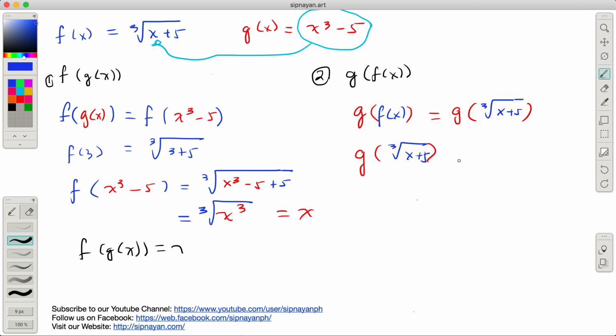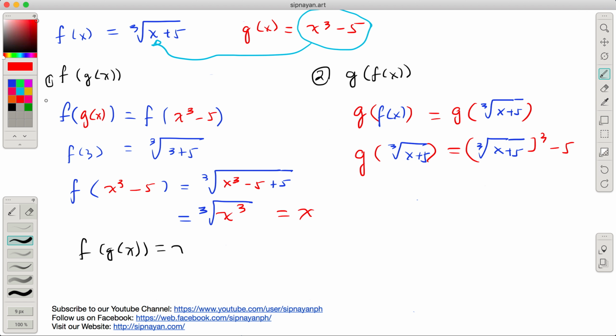So, this becomes equal to yung x, magiging cube root of x plus 5. So, cube root of x plus 5, pero may cube tayo sa labas, and then meron tayong minus 5. This is our cubed, and then we have a minus 5 here.